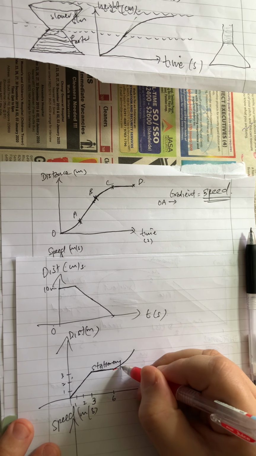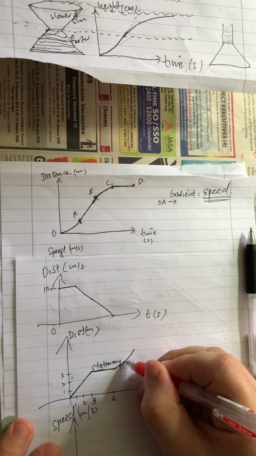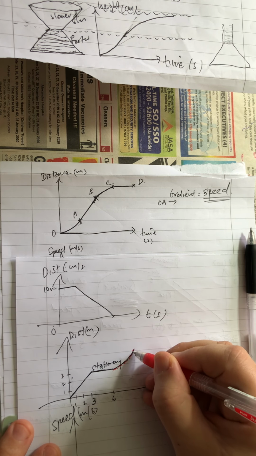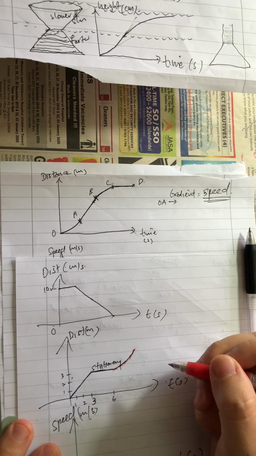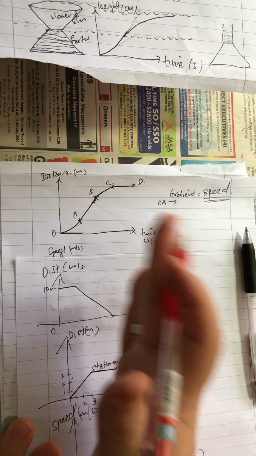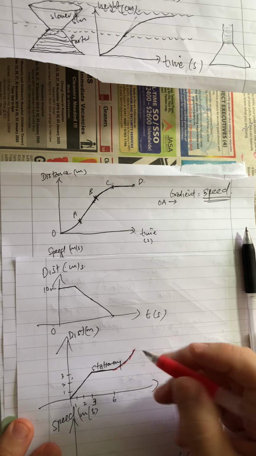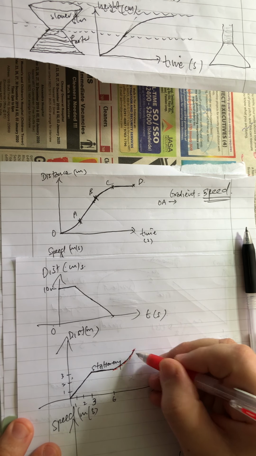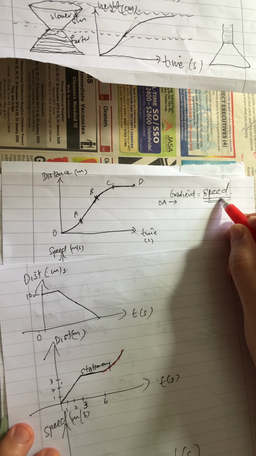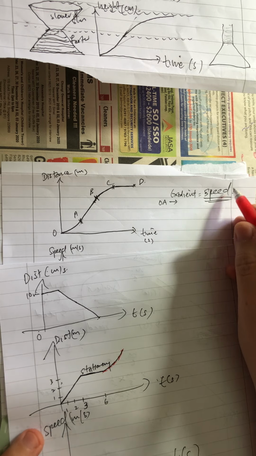If I were to find a gradient here, here, here, or here, can you see that my slope is getting steeper and steeper? Meaning my gradient is getting higher and higher, and it means that my speed is getting faster and faster, greater and greater, correct?